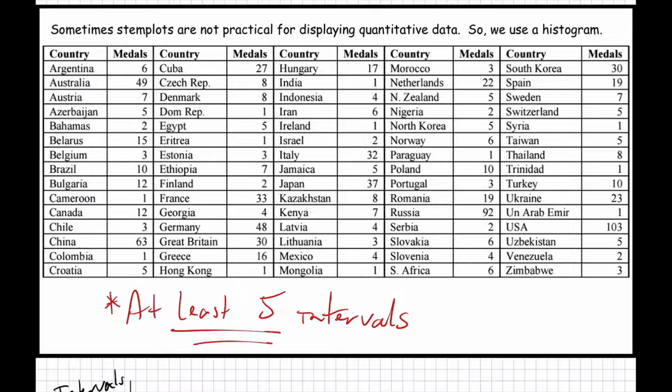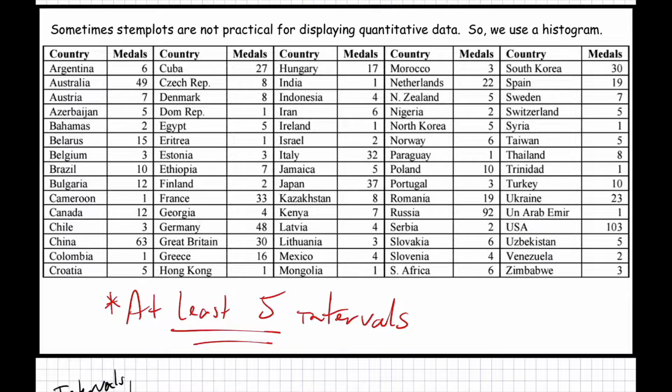Since there are no zeros, let's just put 1. So 1 to 20. Don't write this down yet, this is the process we go through. After 20 has to be 21, right? I can't win 20 and a half medals. You either win a medal or you don't.